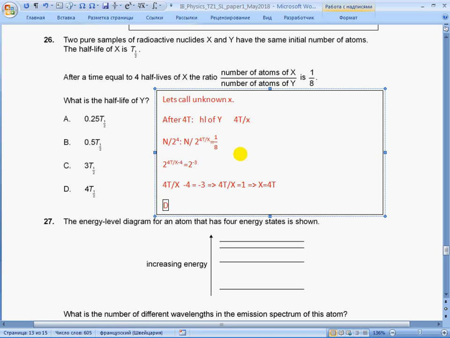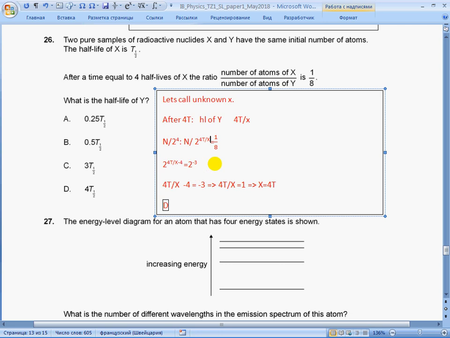The number of undecayed X atoms is N divided by 2 raised to the number of half-lives, divided by the number of undecayed Y, which is N divided by 2 raised to the half-lives of Y, and here it is 1/8. So we have our actual equation for powers of 2.